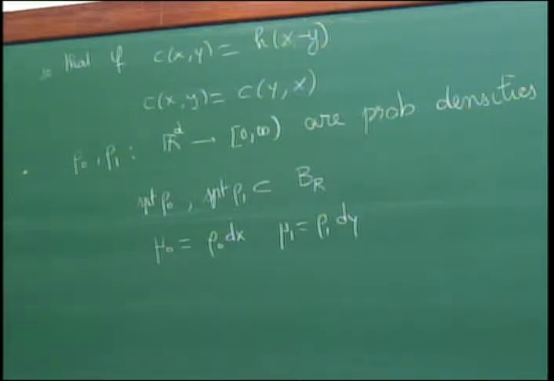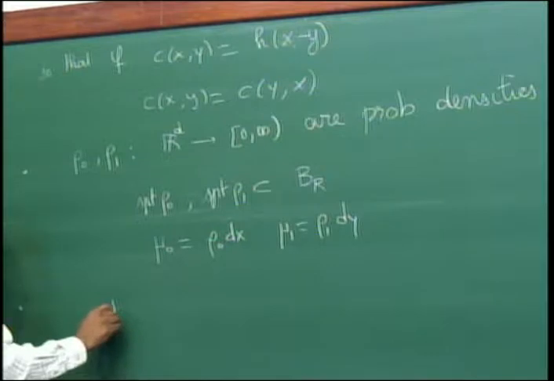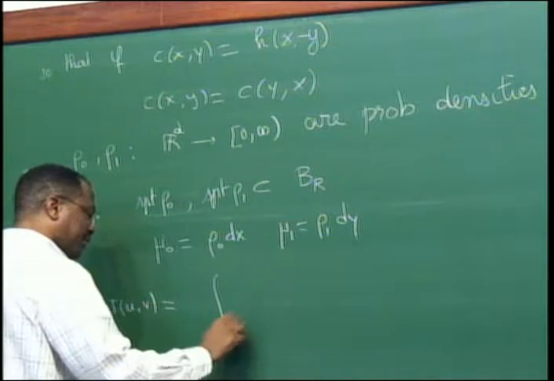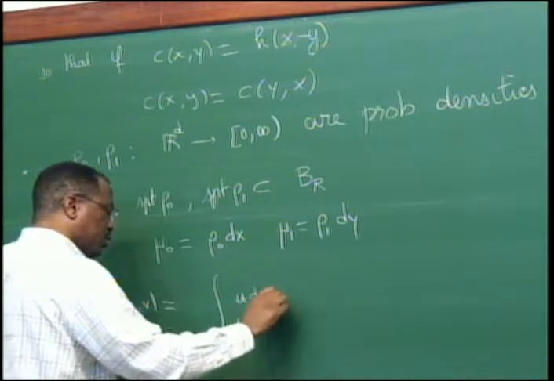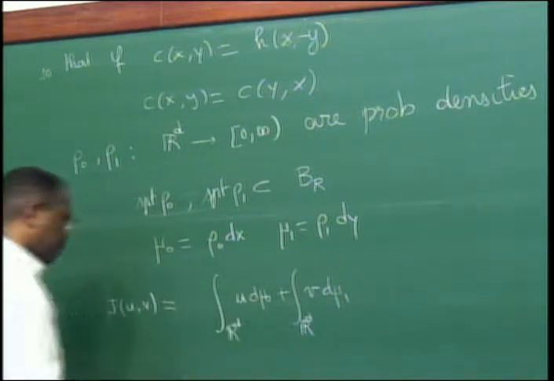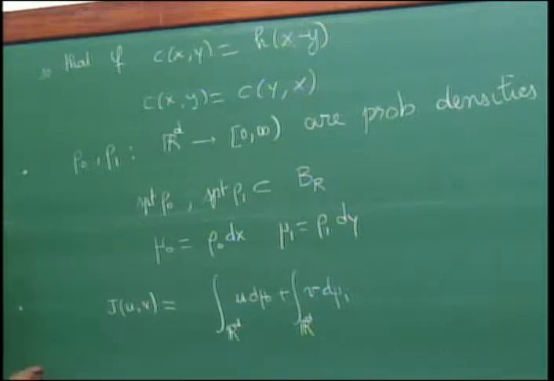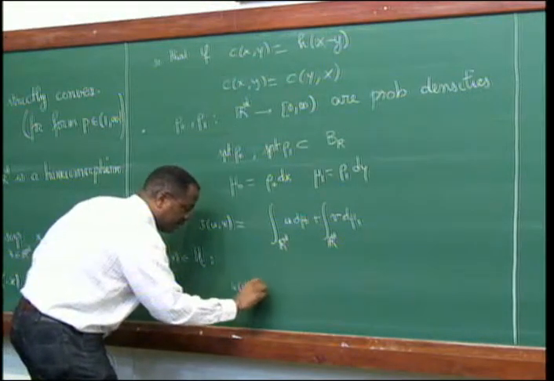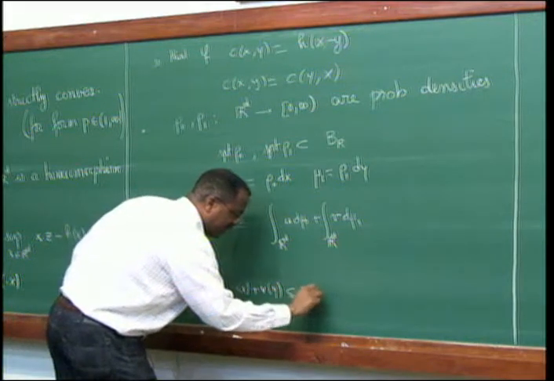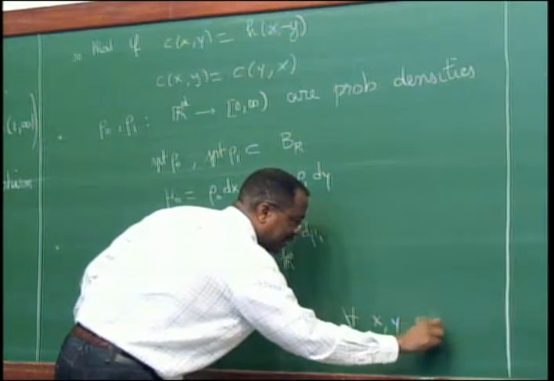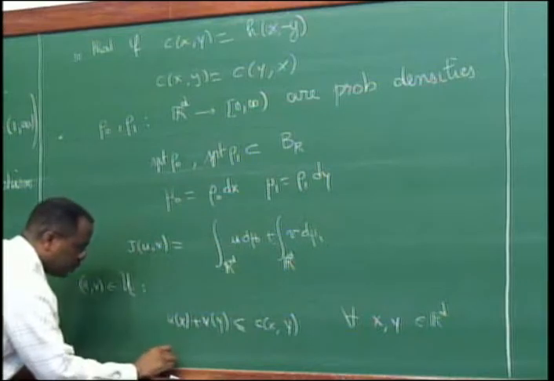So we have been interested in the following function, J of (u, v) equal to the integral over R^d of u d mu naught plus the integral over R^d of v d mu 1, where (u, v) belongs to U_c. And this means that u of x plus v of y is less than or equal to c of x, y for every x, y in R^d.